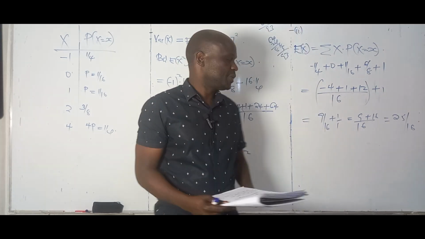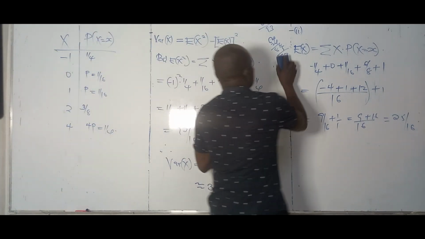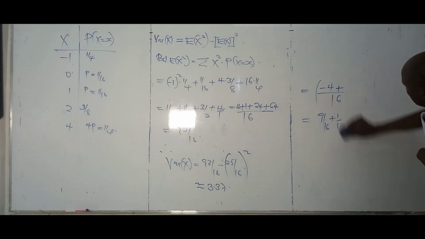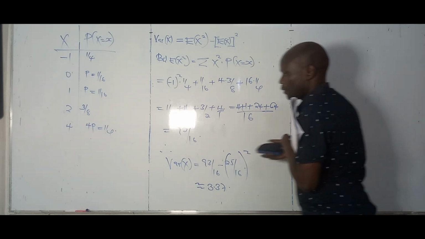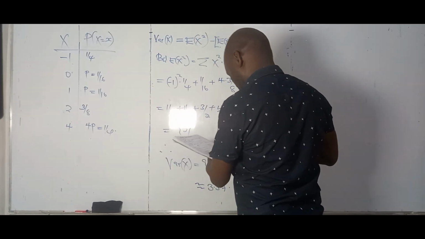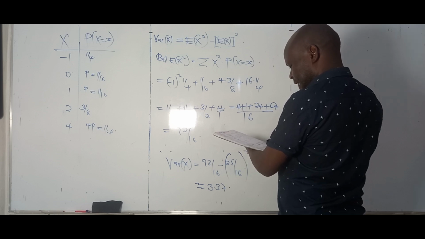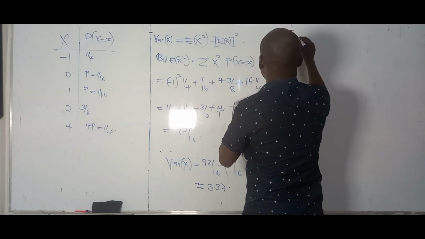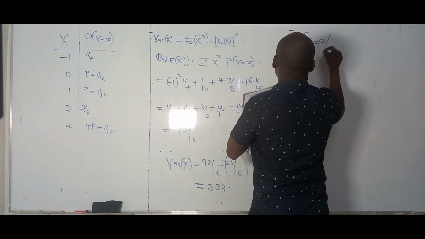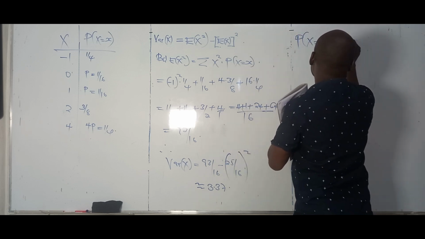So we want the probability that x is equal to 2 given that x is greater than 0.